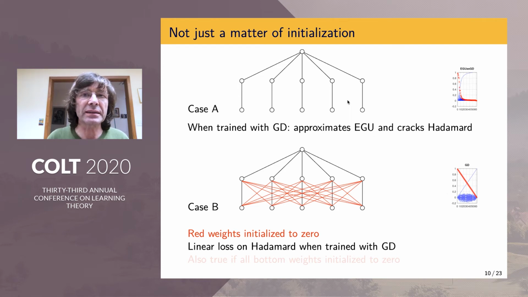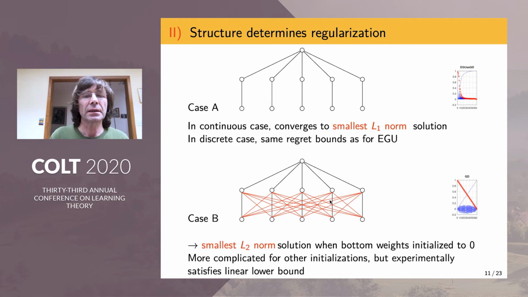So the sparseness seems to be necessary. Also true when the bottom weights are initialized to 0. Okay, and this one, the combined weight, converges when you train it with gradient descent to the smallest L1 norm, also observed by many other people, Nati Srebro, Suriya Gunasekar, and all these people. Very nice papers.